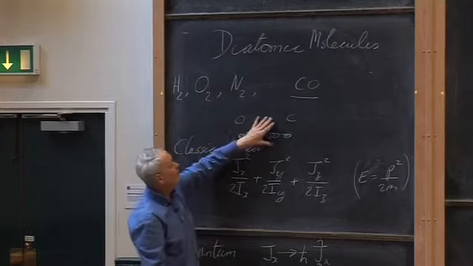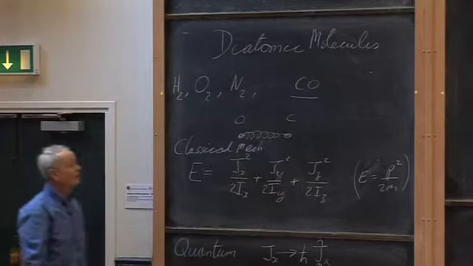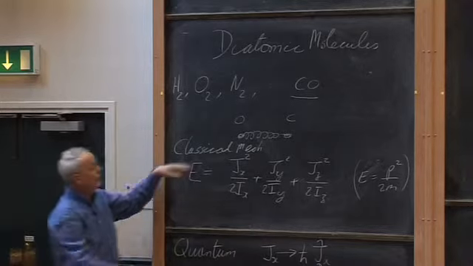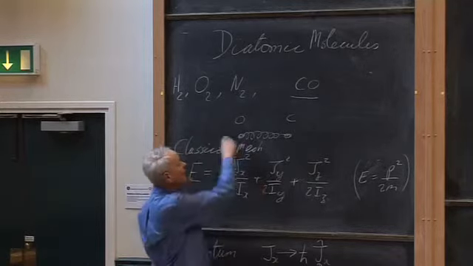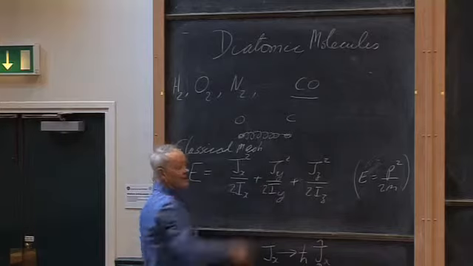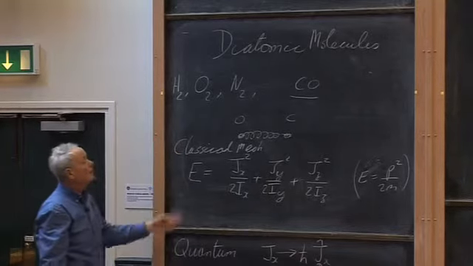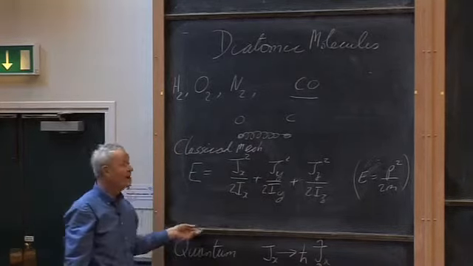The electrons could provide a certain amount of moment of inertia, so it's feasible for the electrons to have some angular momentum around this axis, and in some molecules they do, but in most molecules they don't.